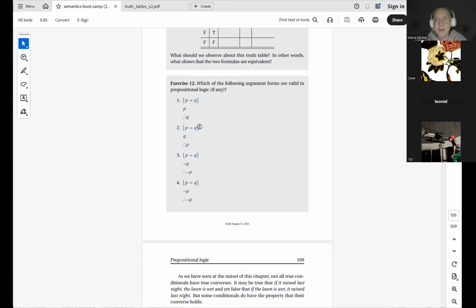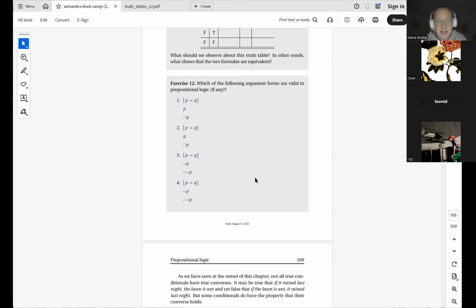Maybe we used a hose to water the grass. So, if Q is true, it's not necessarily that P is true.